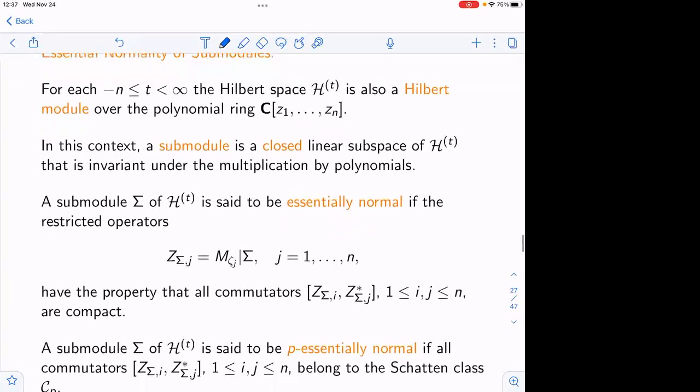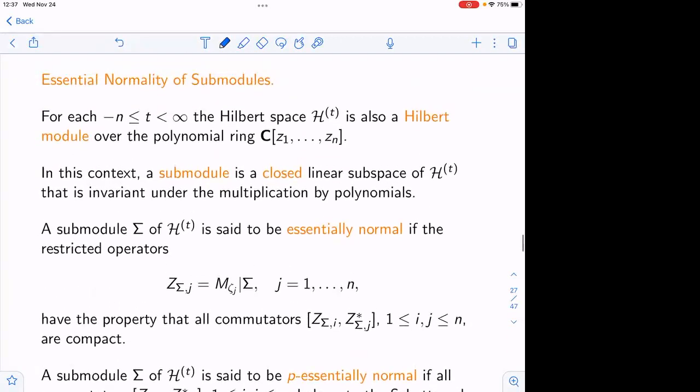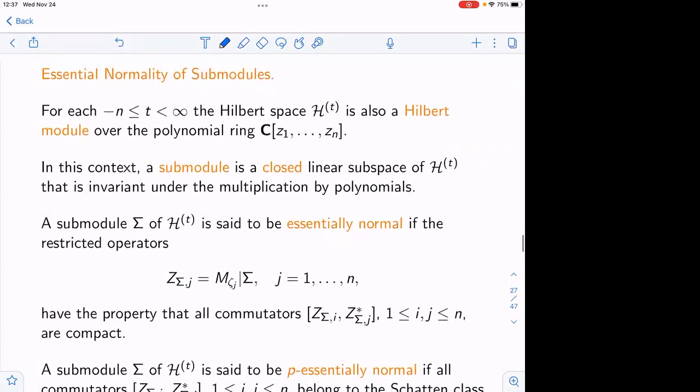So in any case, suppose you have a submodule of the space H_t. It's essentially normal if you restrict the multiplication operators by the coordinates onto the submodule.